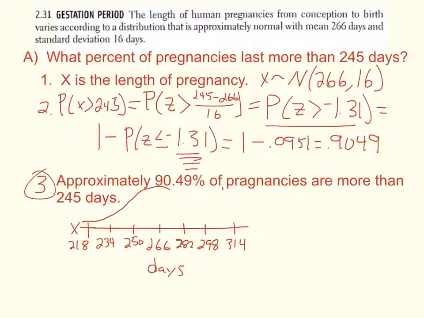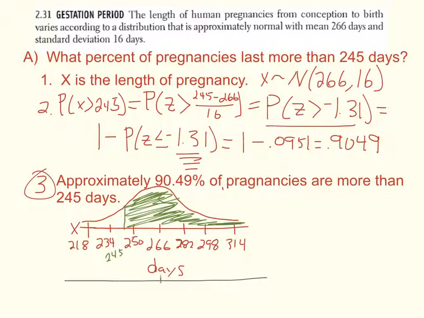Make our approximately normal distribution, and then 245 would be right about there, and we shade everything above. Now there is an alternate way of labeling your axis.